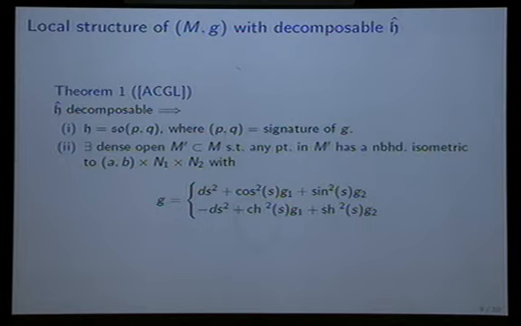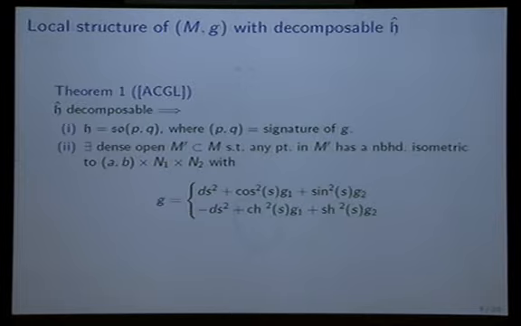And the second case here is a generalization of the second example, where we have here two hyperbolic functions, and here minus ds square. So this is the most general local form of such a manifold with decomposable holonomy of the cone. So this is the metric of the base.